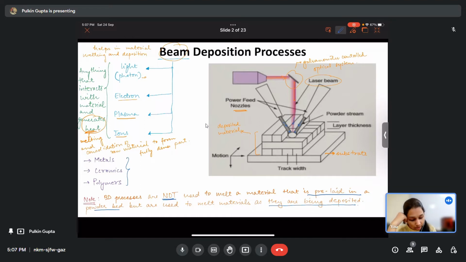Majorly this process has been developed for metals, and hence it can also be termed the laser metal deposition process, or laser based metal deposition. But here we'll be talking in generic terms and will not confine it to metals itself.